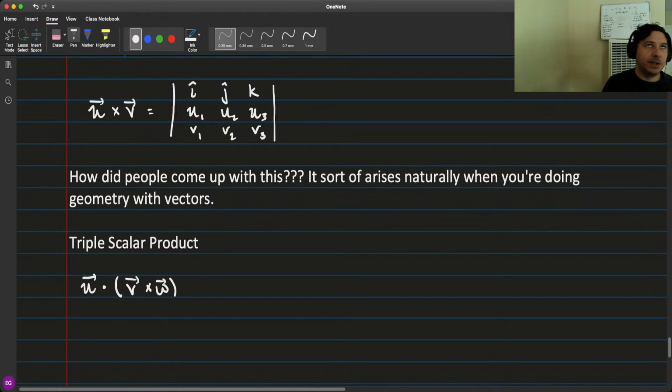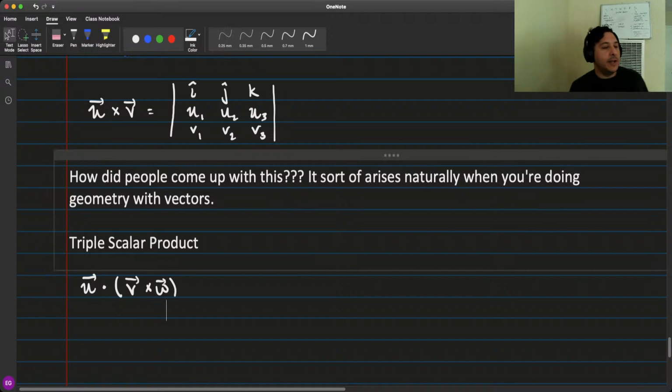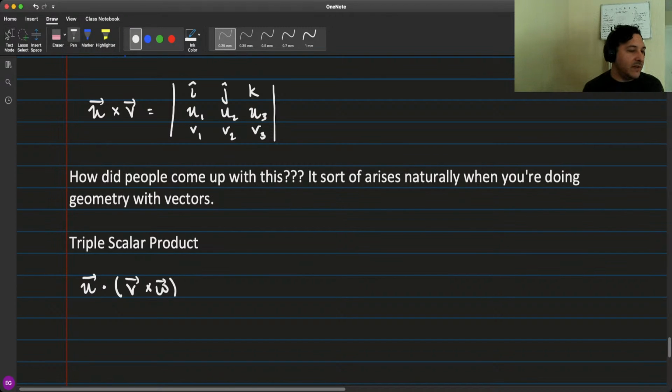There are two ways you can calculate this. You can just calculate it manually by first doing v cross w and then taking that vector and dotting it with u. But interestingly enough, one way you can calculate this is by doing the determinant of the matrix where you enter these vectors as rows.